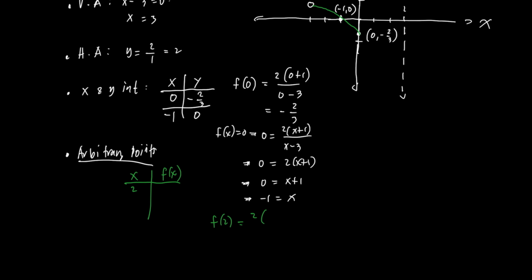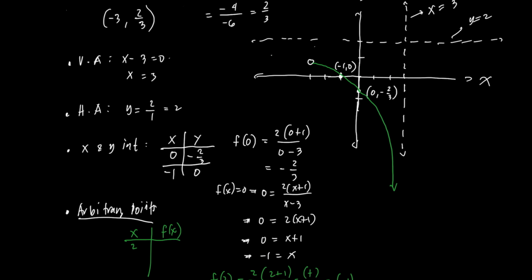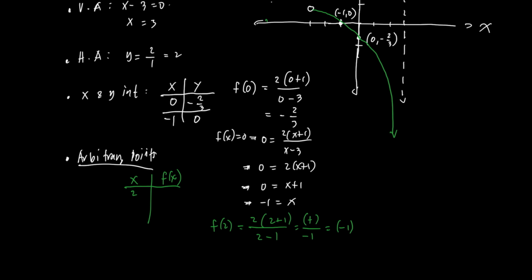F of 2 is 2 times 2 plus 1 over 2 minus 3. This is positive over negative, so the answer is negative, meaning it's going down.